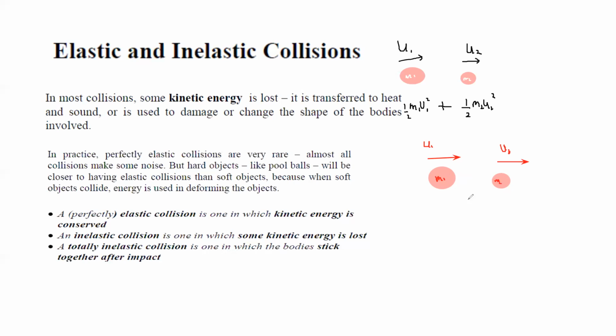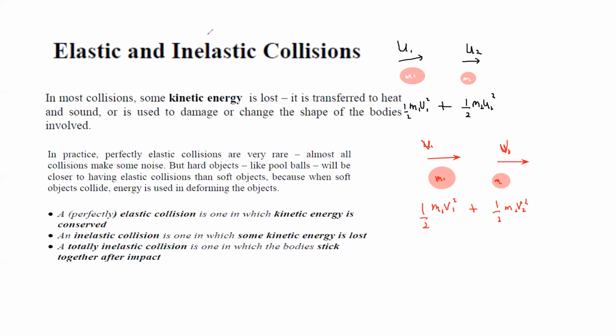So m1, this one is v1, this final one is v2. So it will be half m1 v1 square and half m2 v2 square.